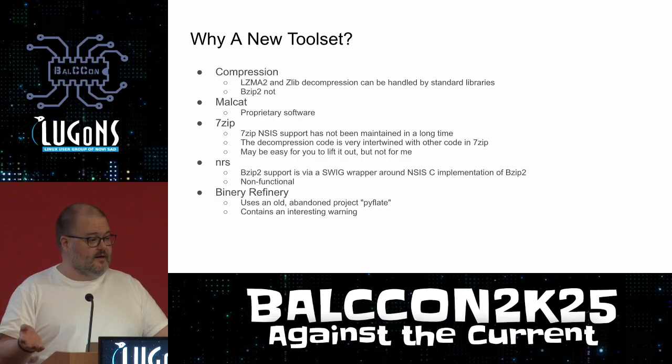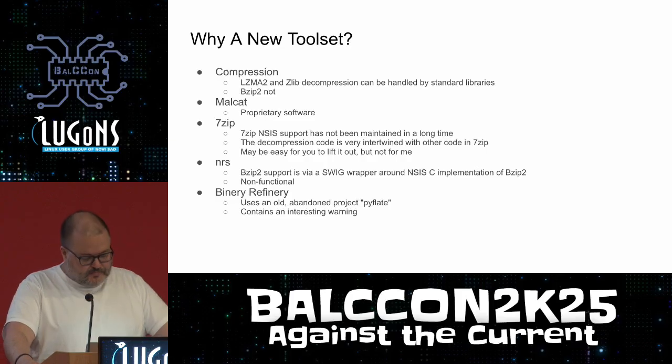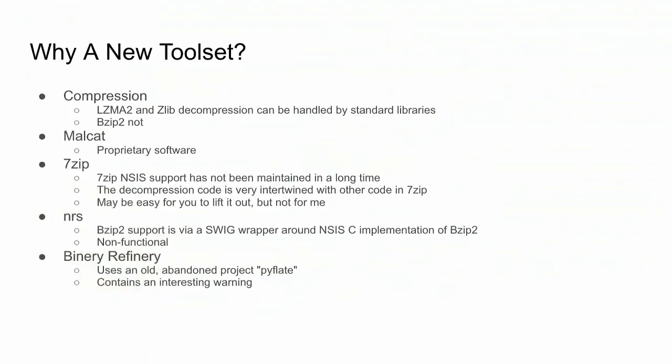So it's still in there because it doesn't take up space just to have it in the source code. But yeah, it's disabled by default. And so I tried to pull all the bits of the 7-zip decompression and stuff like that out that I would need to, but unfortunately, that's not an easy lift for me.